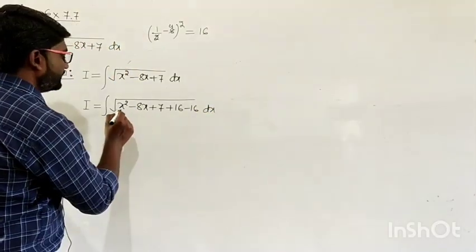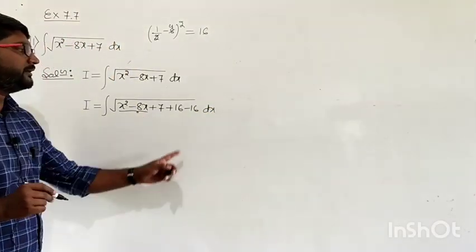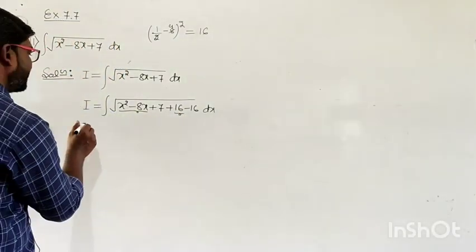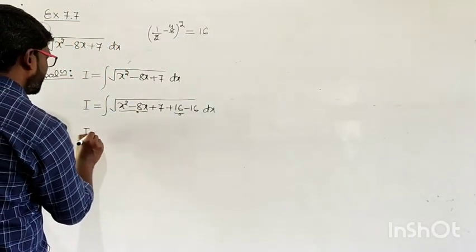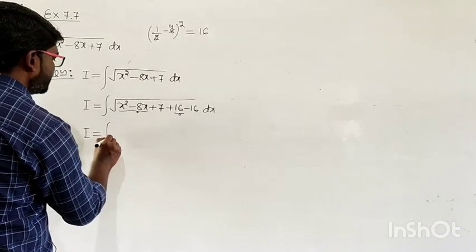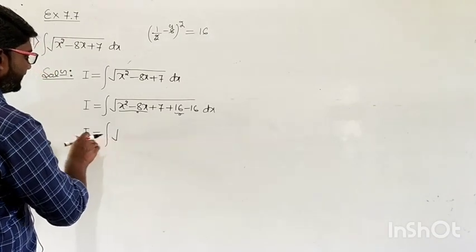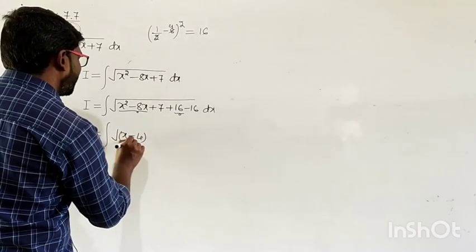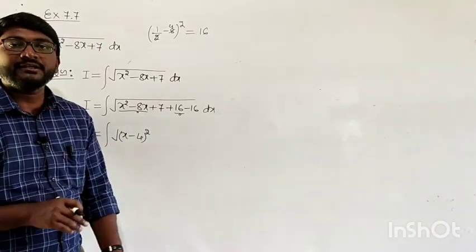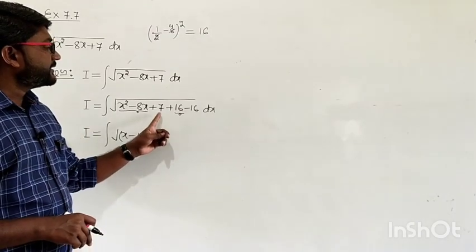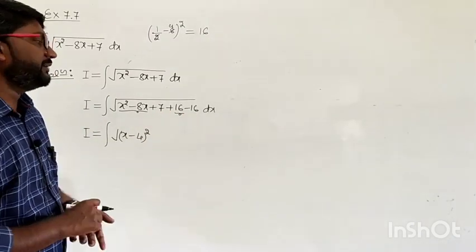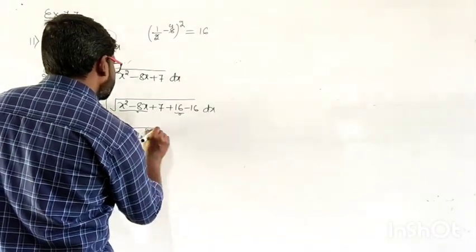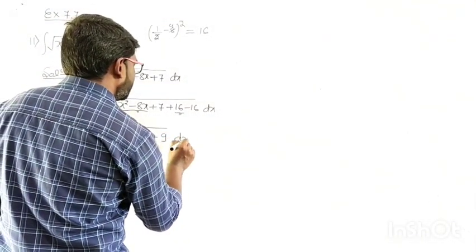So now these two terms and 16 together can be written as I is equal to integral square root of x minus 4 the whole square, then 7 minus 16 will be minus 9. So it is dx.